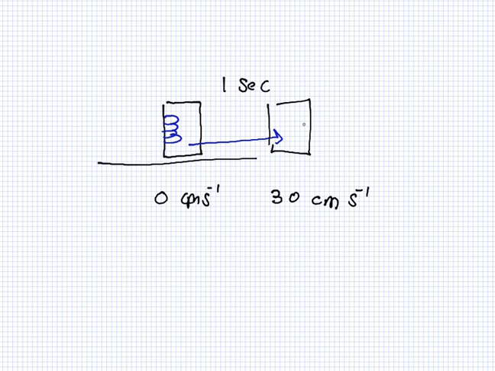And then, of course, it slides away, but you don't care about that part. So he has the coffee cup, and it's at rest, and then his hand pushes it. So it goes from 0 to 30 centimeters per second. And the question, I said this was for 1 second.